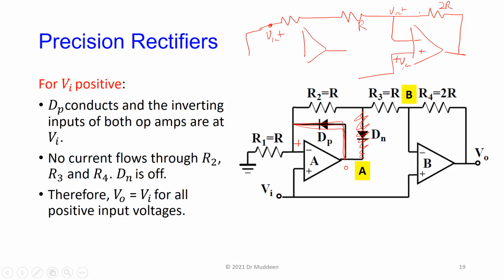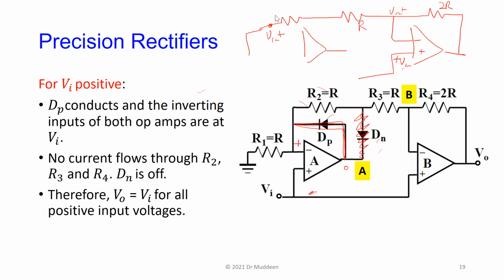This is 2R here. Okay. I lost my pointer here. Right, there we are. So let me use this instead. This part of the circuit here, all of these two resistors. Now here's V in positive, here's V in positive. So these two are now essentially out of the circuit.